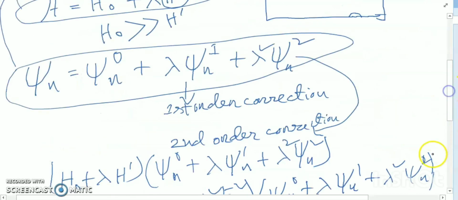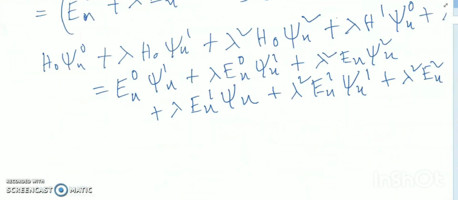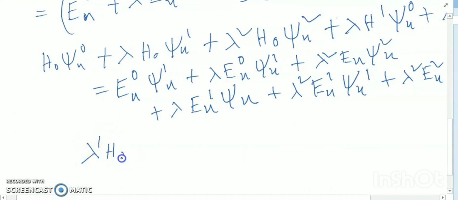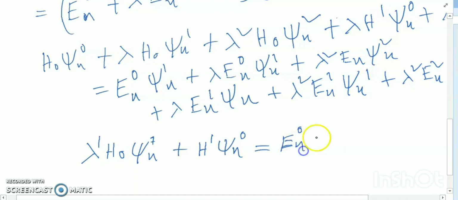So our first order portion is lambda: H0 psi n1 plus H bar, H1 psi n0 equals E n0 psi n1 plus E n1 psi n0.